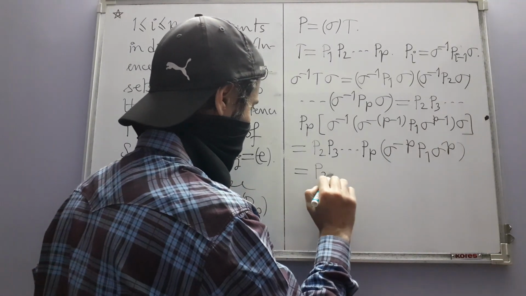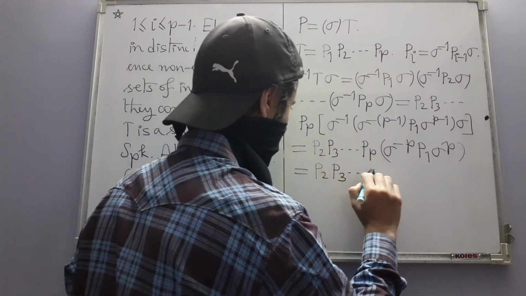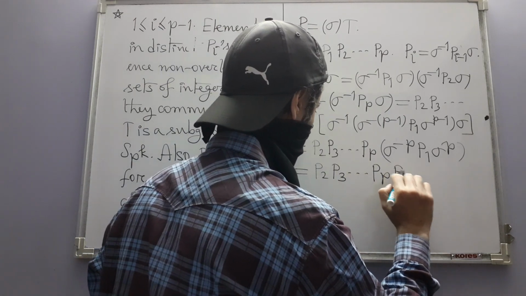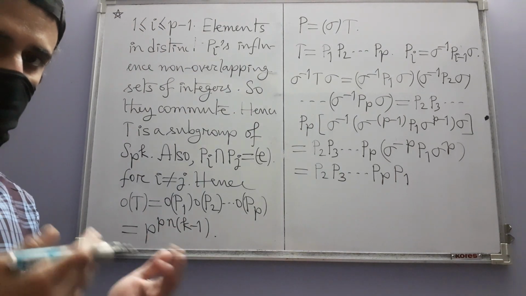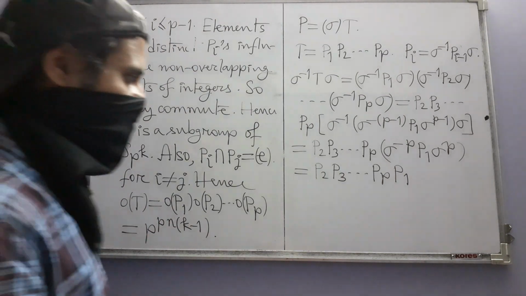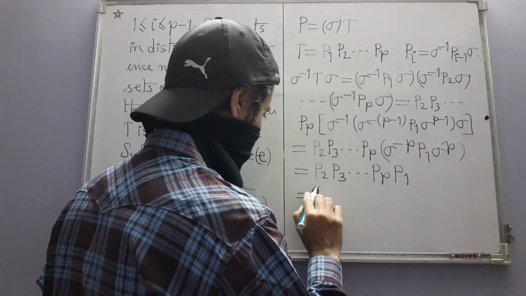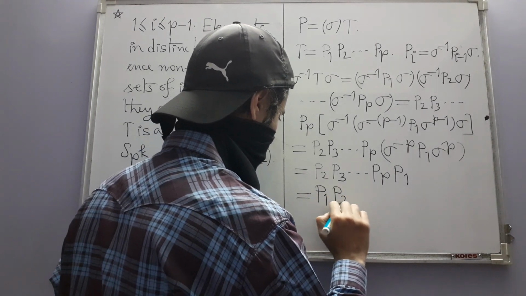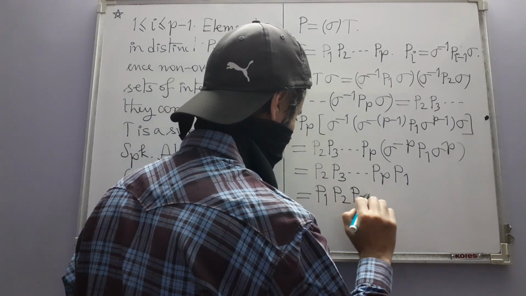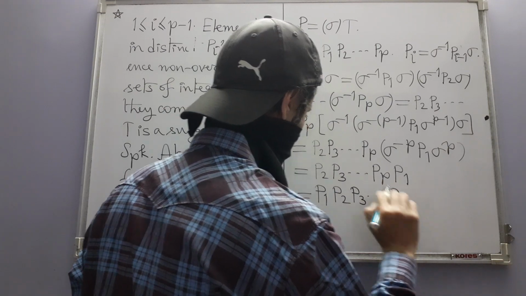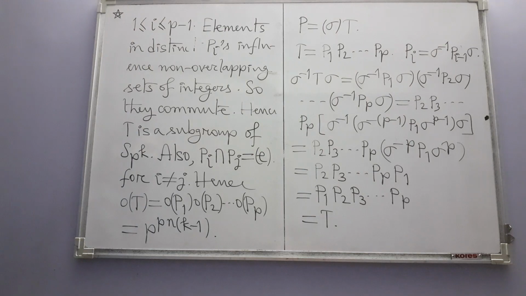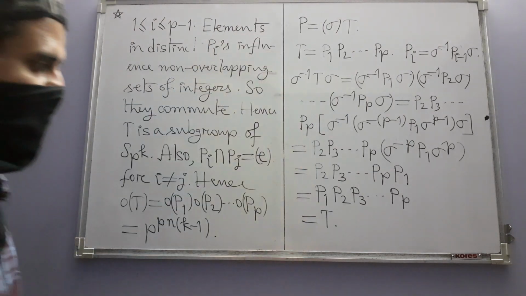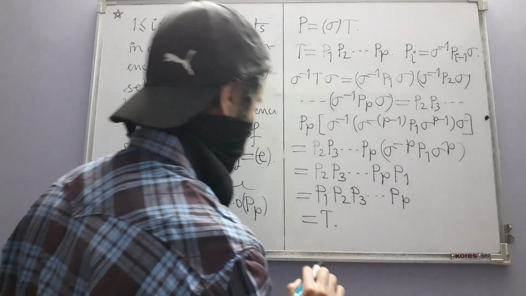So we have p1. However, we already know that these things commute among themselves, so we can bring things back in the original order. So we get t, and from this entire thing we are going to get what?